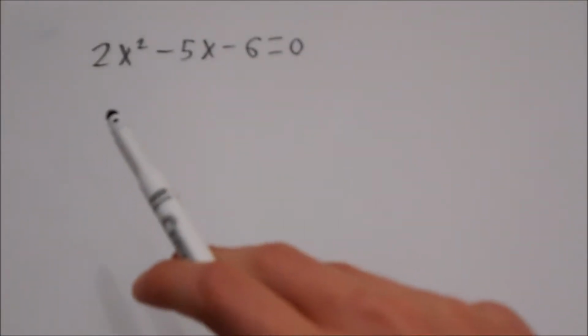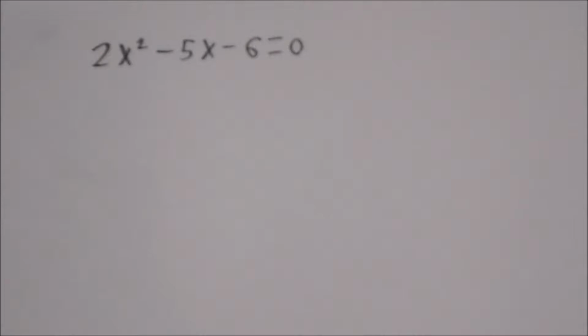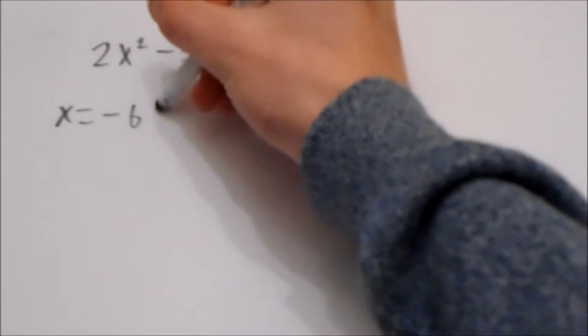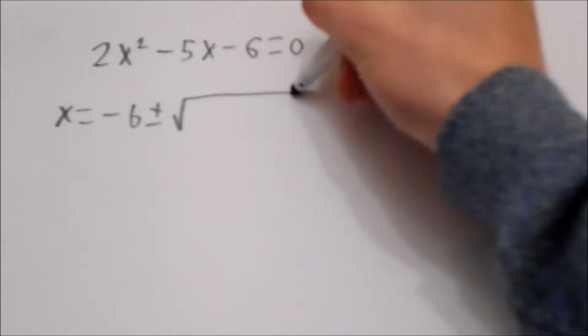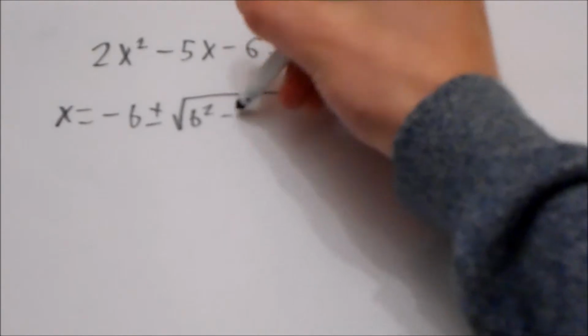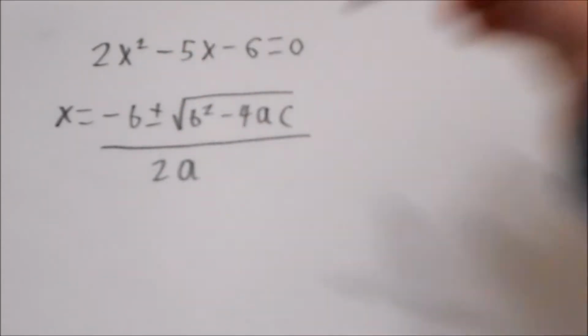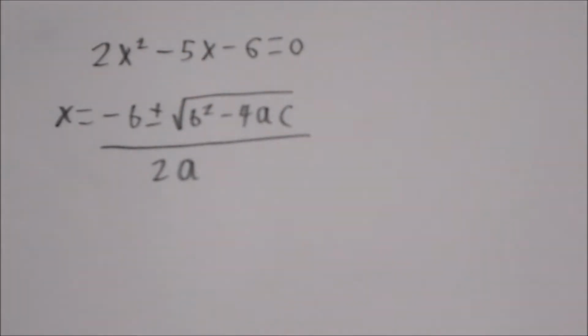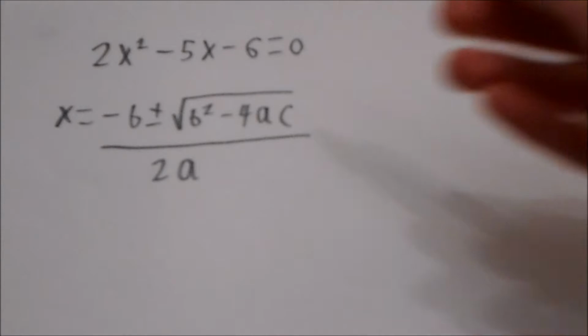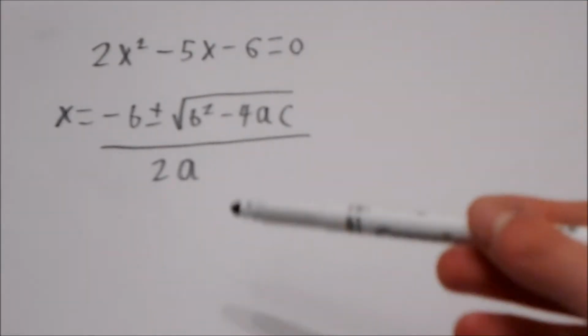So let's try and solve this equation here with the quadratic formula. The quadratic formula is x equals minus b plus or minus the square root of b squared minus 4ac over 2a. So all we have to do now is to put the numbers from this equation into this formula.